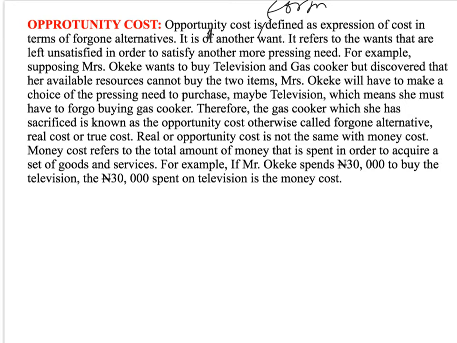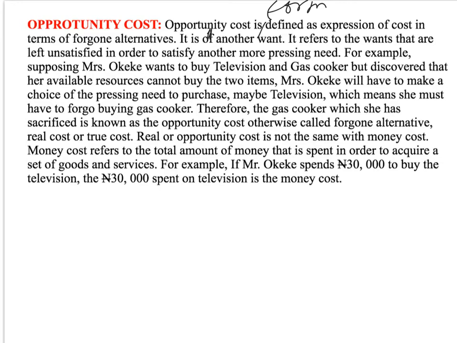For example, suppose Mrs. Okeke, a housewife, wants to buy television and gas cooker, but she discovered that her available resources cannot buy the two items. She will then have to make a choice of the more pressing need to purchase, probably the television, which means she must forego buying the gas cooker in order to satisfy the need of buying the television.